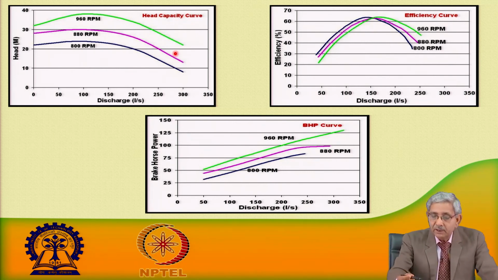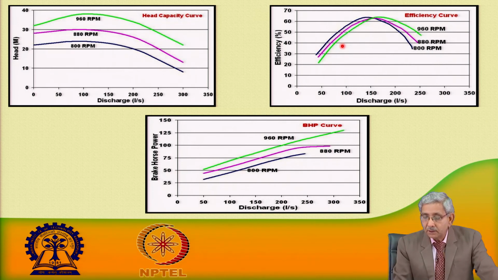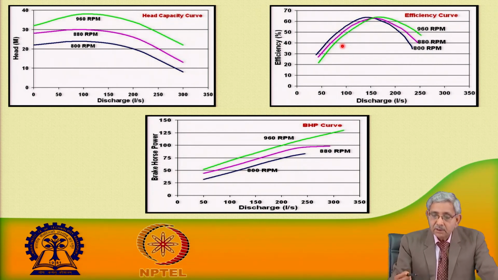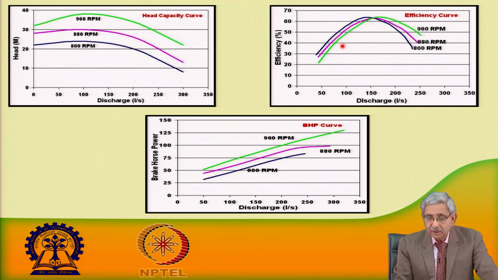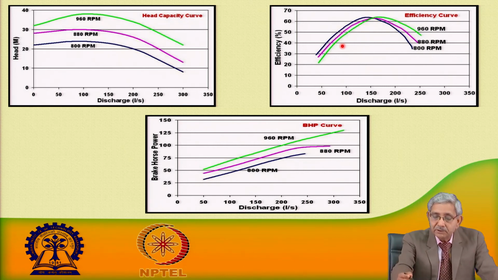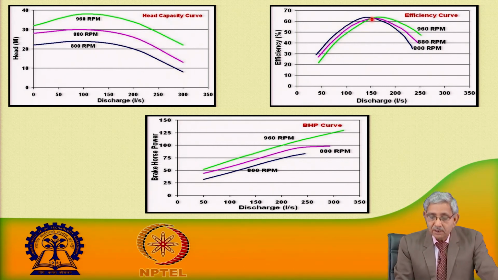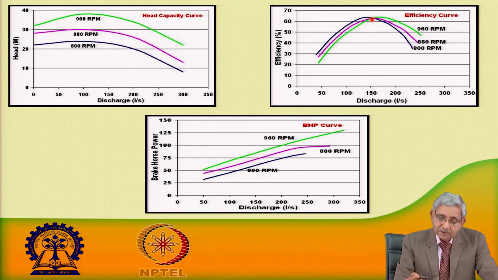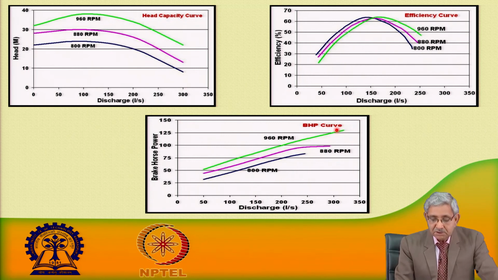What we see here is that as the RPM increases, there is an increase in the efficiency of the pump with increase in discharge, but after a certain discharge, the efficiency starts decreasing. For the brake horsepower and discharge relationship, as the RPM of the pump increases, the brake horsepower of the pump also increases with the increase in discharge, and there exists a linear relationship.